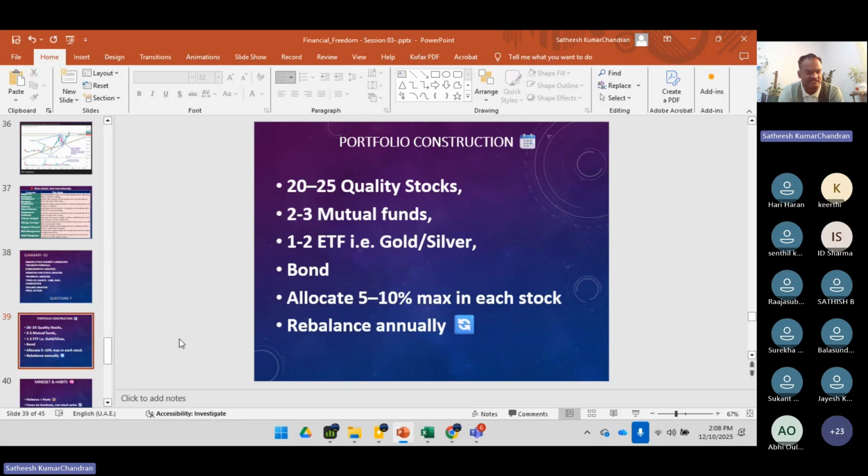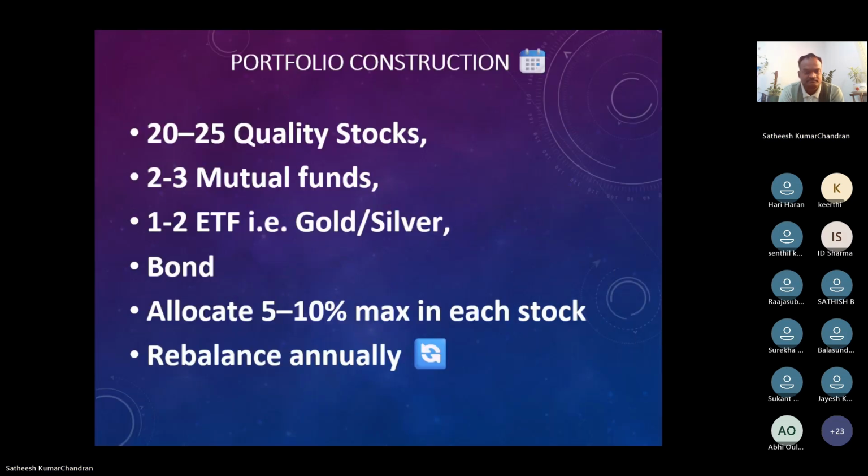See, portfolio construction, we are almost coming to the end of the session now. We have to have 20-25 quality stocks, 2-3 mutual funds, one or two ETFs, bonds. Allocate 5 to 10% maximum in each stock, not 100% in one stock. Rebalance annually. We have to balance the stocks annually.